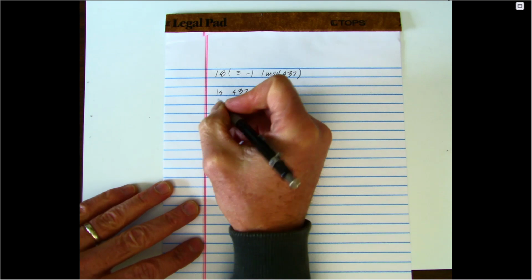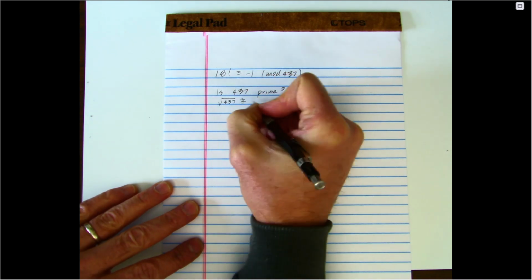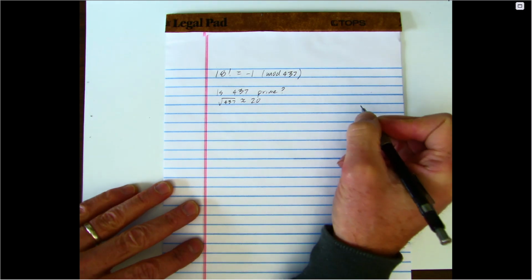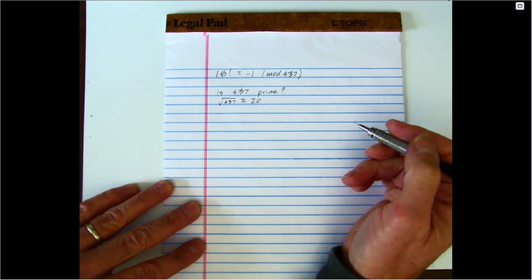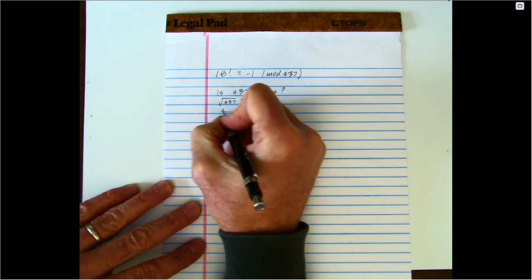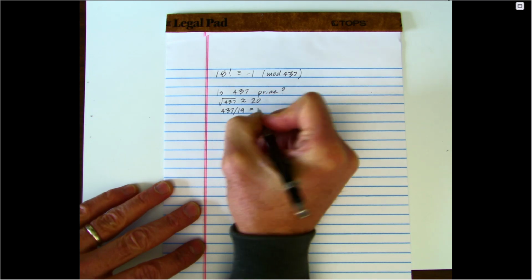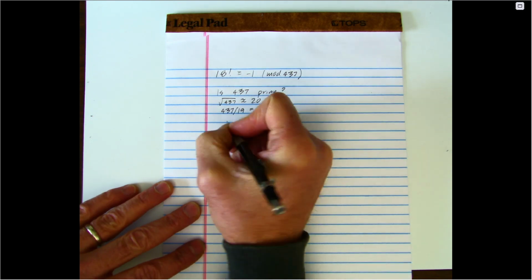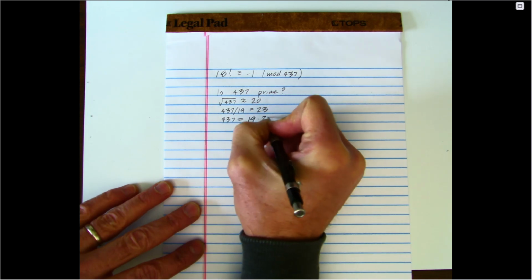The check would be, of course, to take the square root of 437. It's roughly in the neighborhood of 20. And what I usually do is start at that limit and go backwards. So if I try 19, 437 divided by 19 turns out to be 23. That means 437 is equal to 19 times 23.